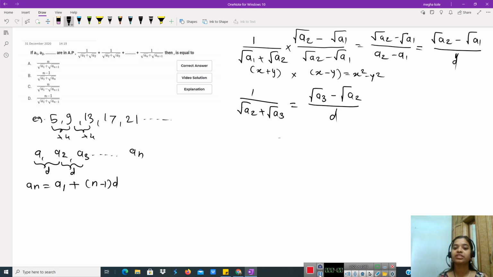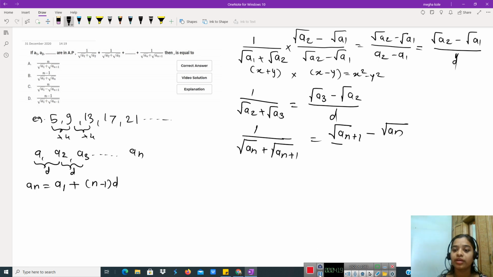So these terms are repeating. Okay, we will solve this for the nth term now: square root of AN plus square root of AN plus 1. So this will be square root of AN plus 1 minus square root of AN upon D. Now we have to do the addition of all these terms.